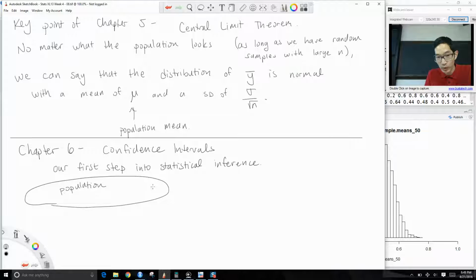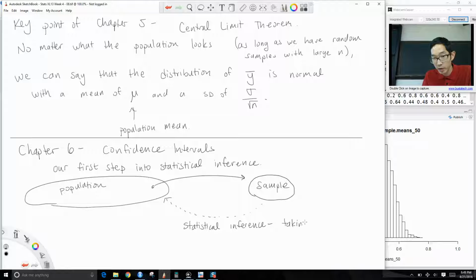So what we get to do is observe a sample, and statistical inference is taking what we see in the sample and drawing a conclusion about the population based on it.